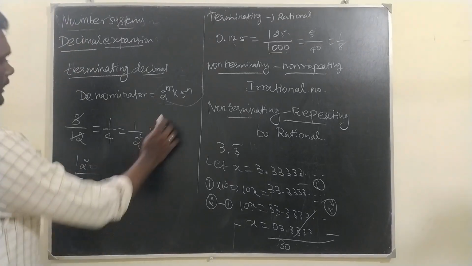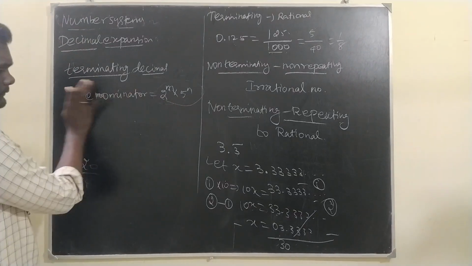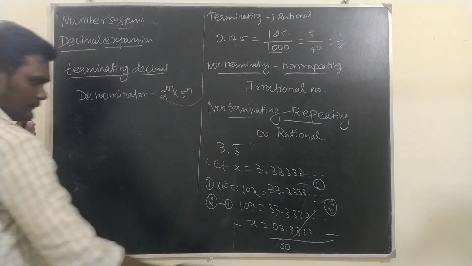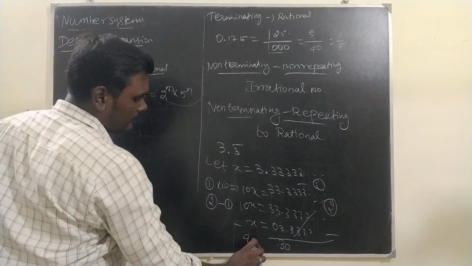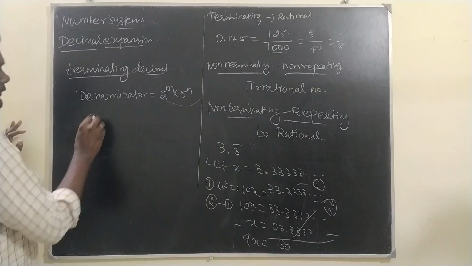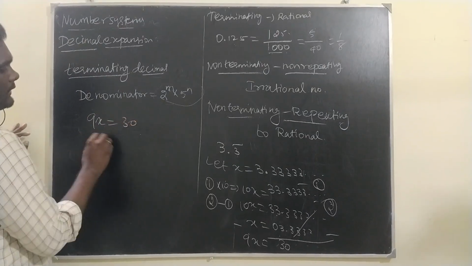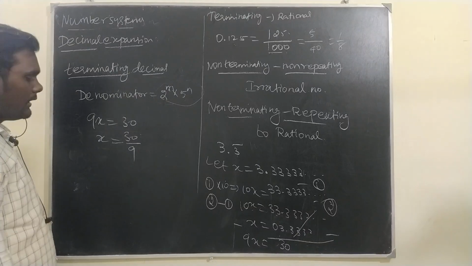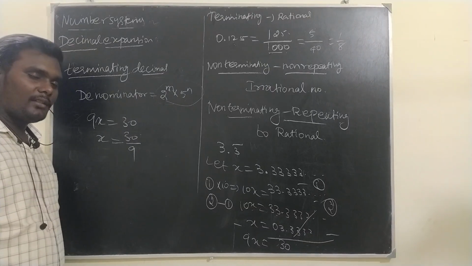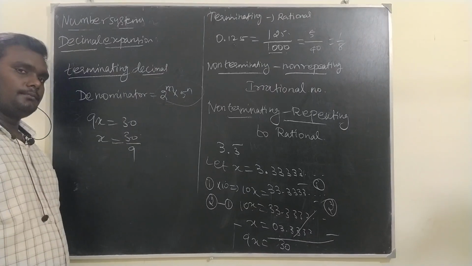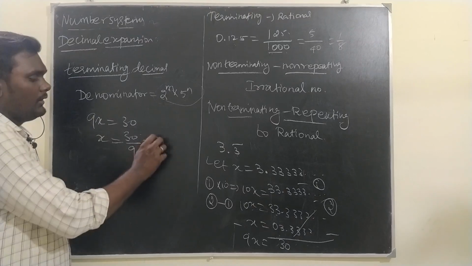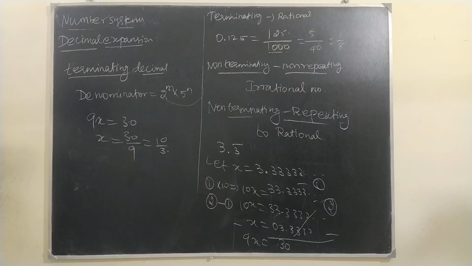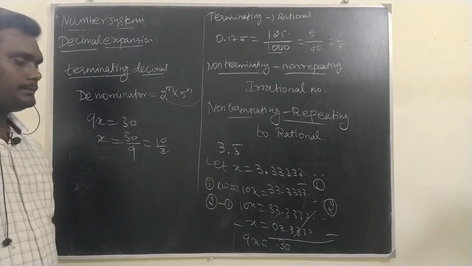Then we have 10x minus x, which is 9x. So we have 9x equals 30, and then x equals 30 by 9. So 30 by 9, is this the simplest form of the rational number? It is 10 by 3. Got it? This is the process of how we work it out.